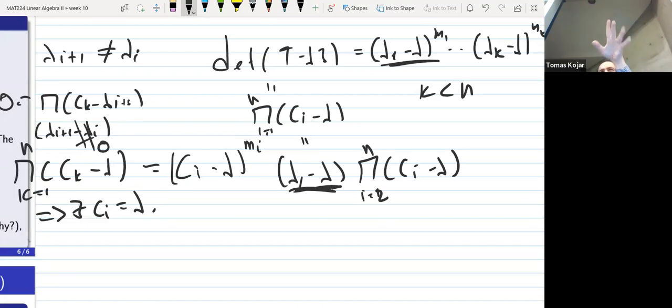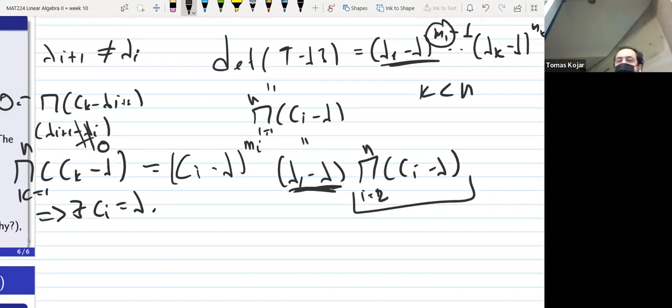The way to extract it properly is to equate them so that you know what you're aiming at. Otherwise, you're in the dark. You don't know what the multiplicity is. Then you do Euclidean division and study the new polynomial, but the new polynomial is also zero. So another c will have to be equal to lambda.